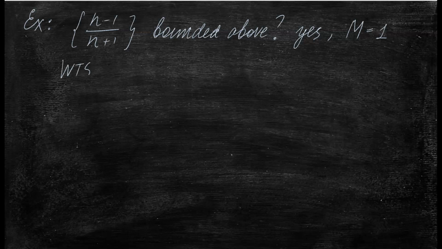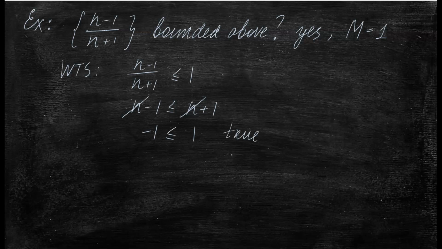And to show that it's bounded by 1, we want to show that this inequality holds for all values of n. And since n is positive, we can multiply both sides by n plus 1 and establish the following trivial identity, meaning that it's always true. Meaning that the above inequality is also always true, which means that it's bounded by 1.